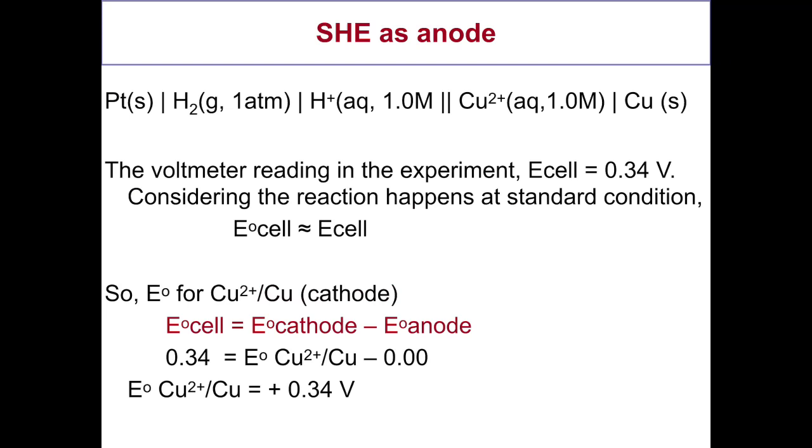Now, here we know that the cathode is copper and the anode is hydrogen, the SHE electrode. So, we substitute the value: E° cell 0.34, E° cathode is the value we want to find, E° anode 0. So, we will get the value for E° cathode, which refers to the copper, as positive 0.34 volt.